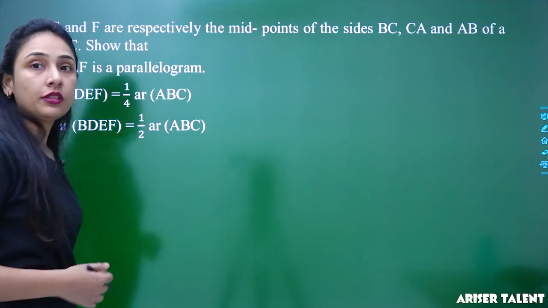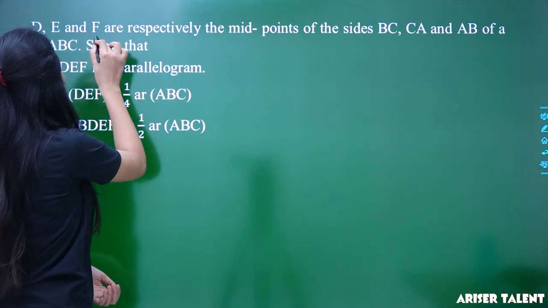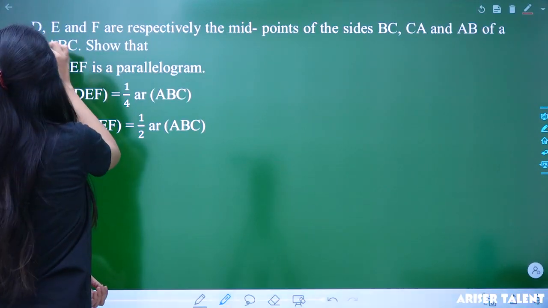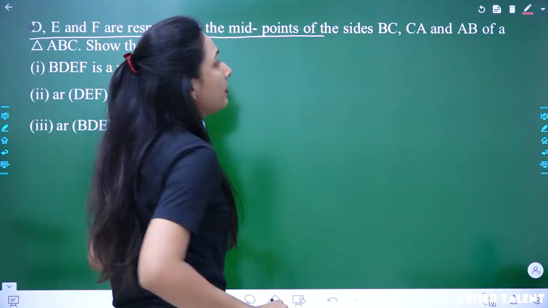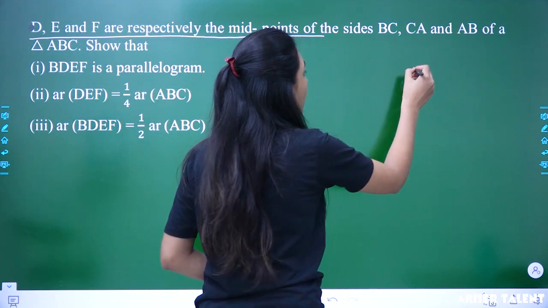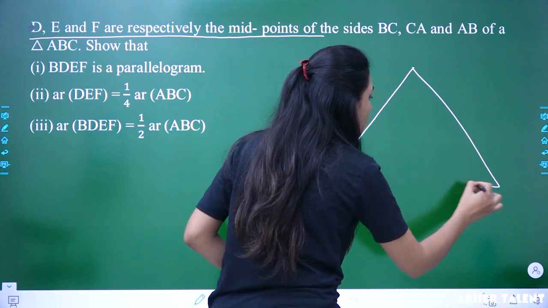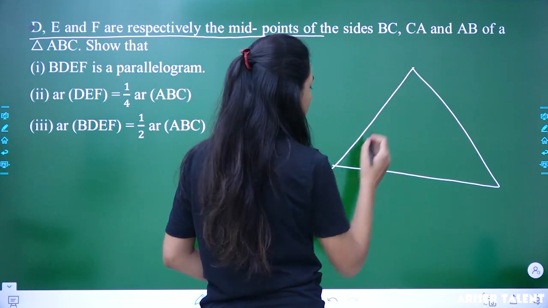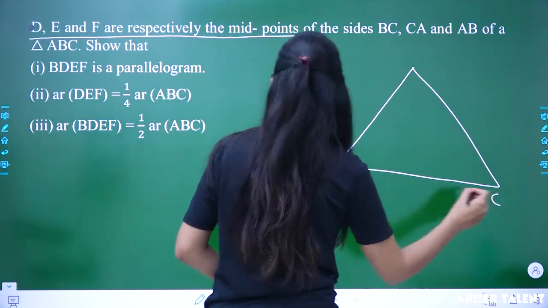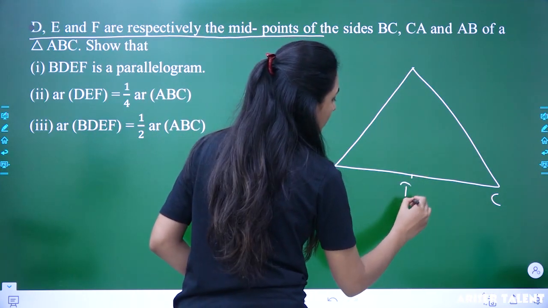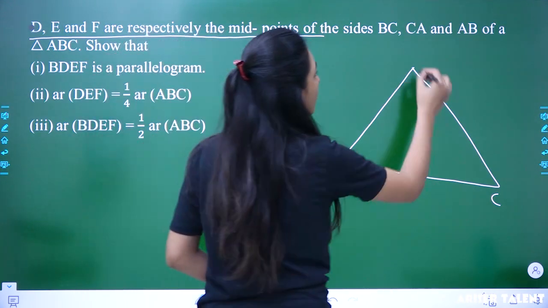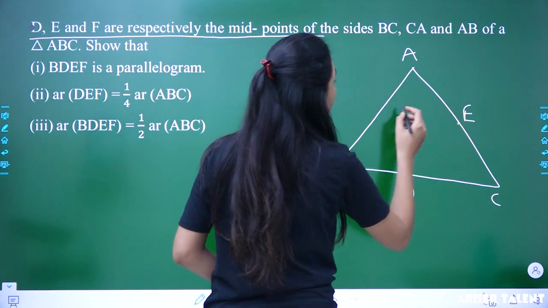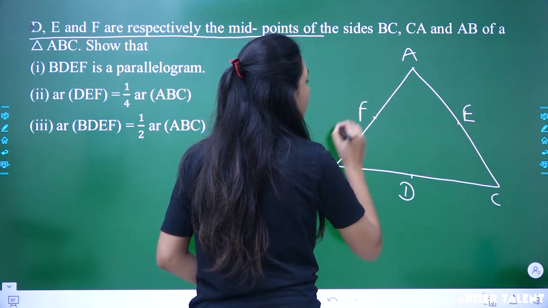Okay, so in this question we are given that D, E, F are respectively the midpoints of sides BC, CA and AB. So we are having a triangle over there, and the midpoints of which are D, E and F. So I am having this side BC, and the midpoint of BC is D. Then I am having the side CA, and the midpoint is E. And then I am having a side AB, whose midpoint is F. Okay.